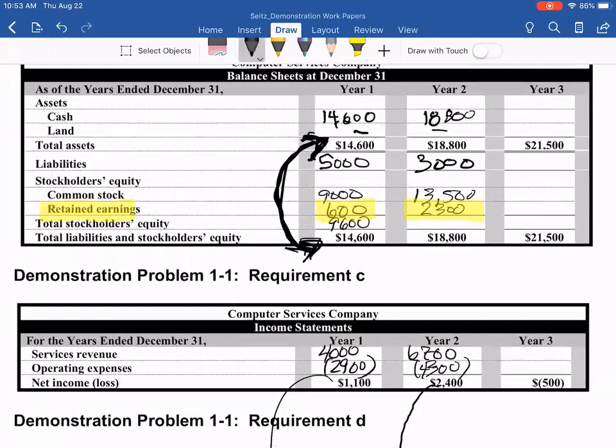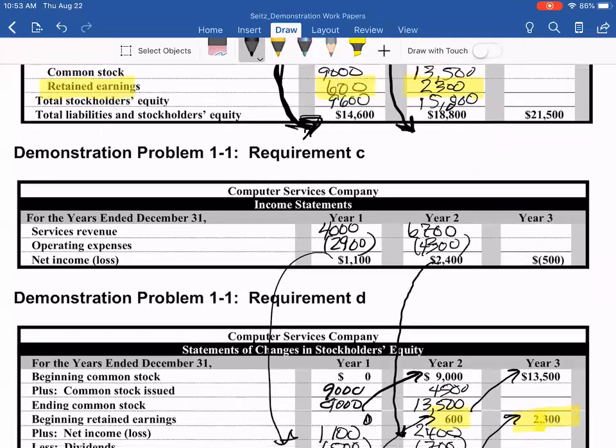And therefore, total stockholders' equity, 13,500 plus 2,300 is 15,800. You add that to the 3,000, and you're going to get a balance of 18,800, which is good because it equals, again, the assets equal the liabilities plus stockholders' equity of 18,800. So now I can move on with year 3.